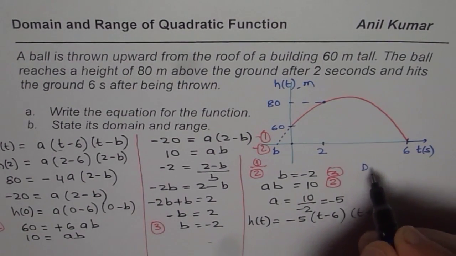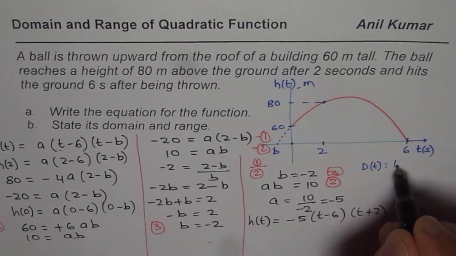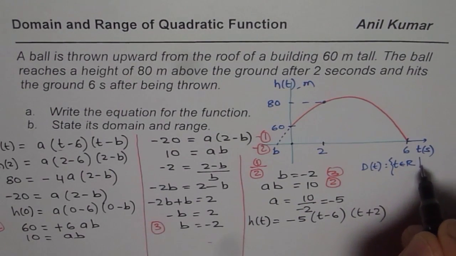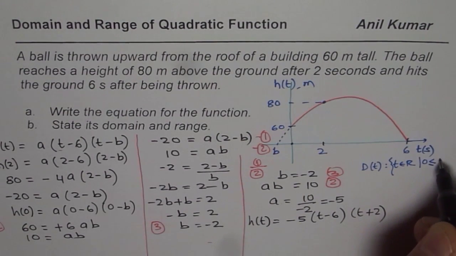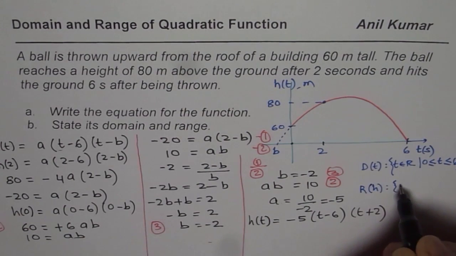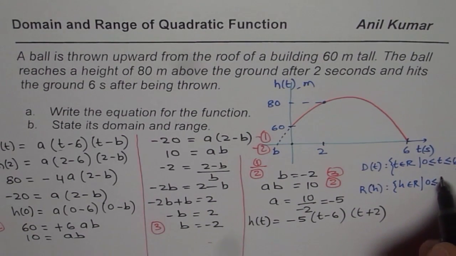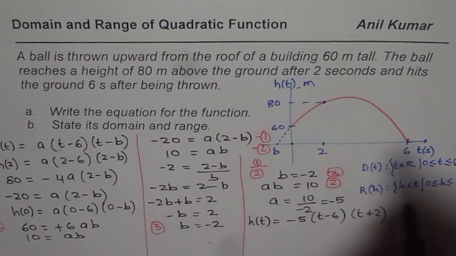Domain is the values of t, so we say t belongs to real numbers where t is greater than or equal to 0 and is less than or equal to 6. So that is the domain. As far as the range is concerned, that is the height in meters. So h belongs to real numbers where h is greater than or equal to 0, of course, and is less than or equal to 80.